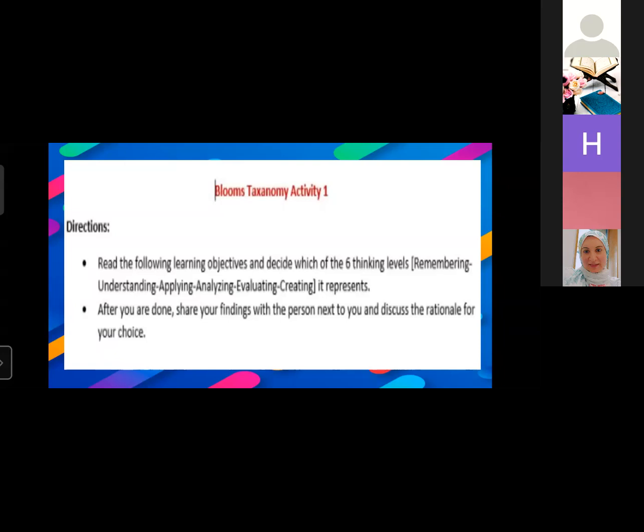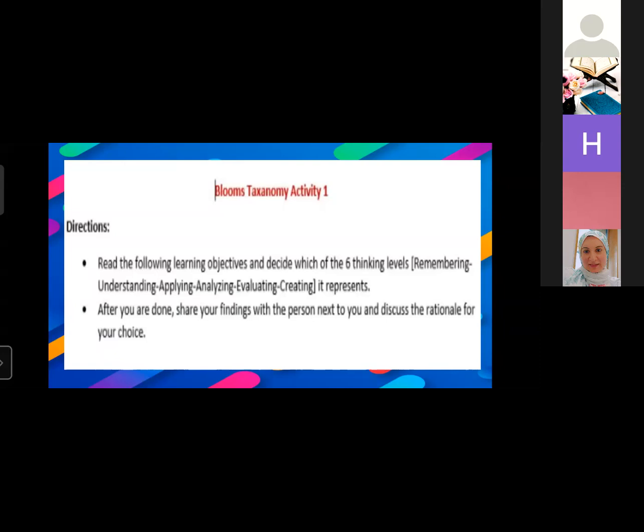Here is an activity based on Bloom's taxonomy. Directions: read the following learning objectives. We are going to read some objectives and decide which thinking level, remembering, understanding, applying, analyzing, evaluating, or creating, each represents. So what will we do first?